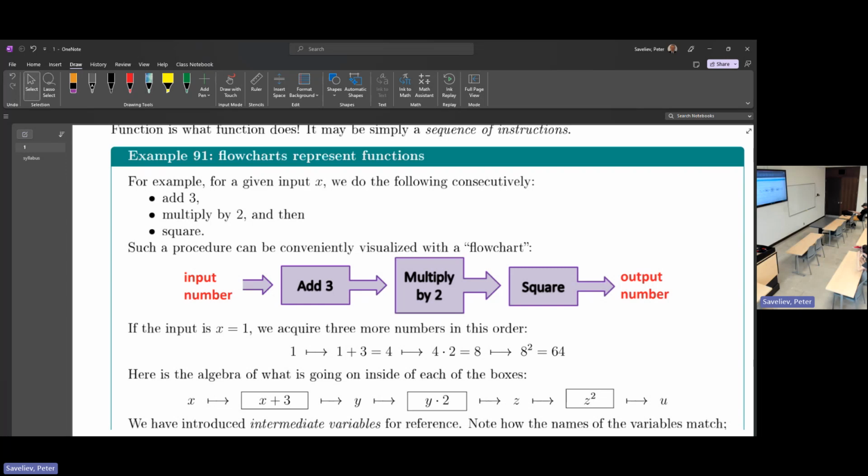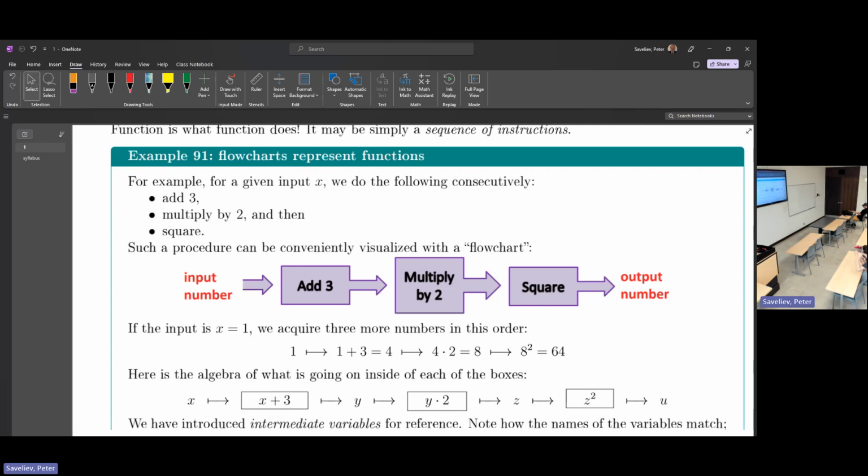So for example, x plus 3 is one function, the next one is y times 2. What do we call it? We combine functions. We can combine functions in a number of ways. We can add, subtract, multiply, divide, and there is the fifth operation, to combine.